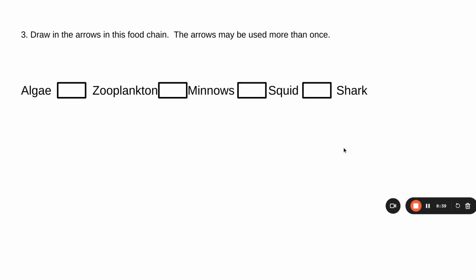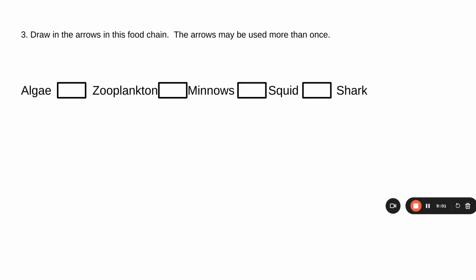Okay, so we're going to draw in the arrows for this very simple food chain. This is another question on your SOL, which would be drag and drop. The arrows may be used more than once. So you've got to think about this situation. Who's your producer? Because all of these start with a producer, and then who eats who.